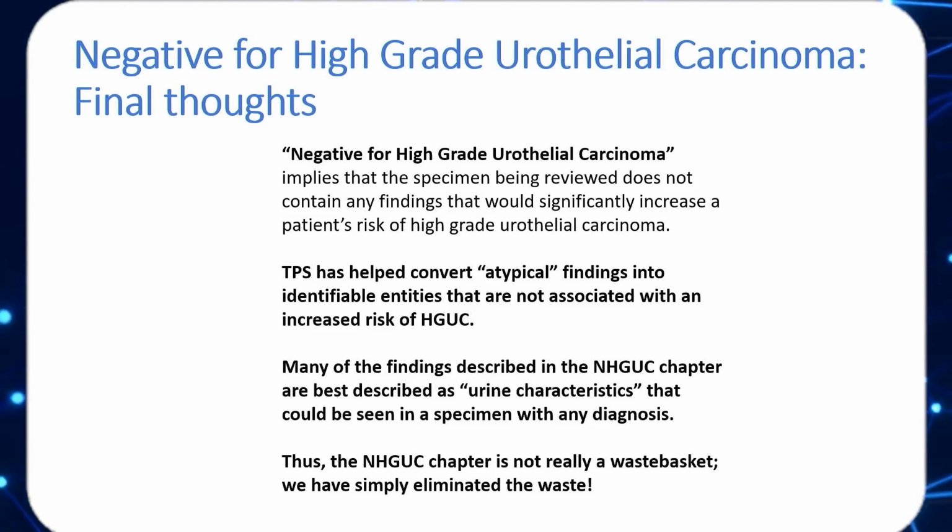This has really helped us as practitioners reduce our atypia rate, mainly because previously materials such as guar bean and polyoma virus were all being flagged as atypical calls, and we have really been able to hone in on the atypia calls that were previously being rendered. So the negative category is not really a waste basket; we have eliminated the waste.